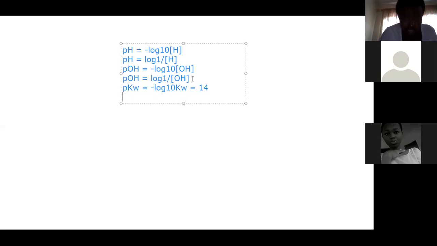So this means that pH plus pOH is equal to 14.